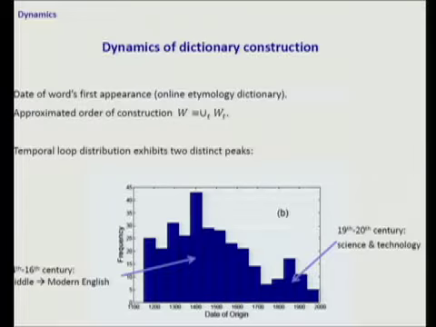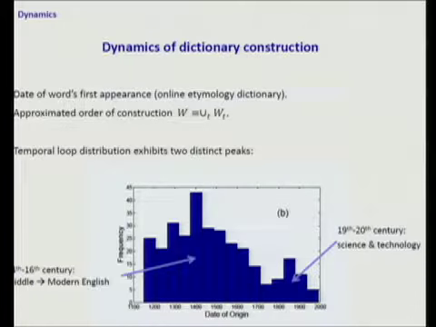So now, some of you asked me about history and dynamics, and this is what we do next, because we would like to see how this kind of loop emerges during the history of the evolution of language. To do that, we need to assign a date to each word, which is more or less the date in which it appeared in the language.